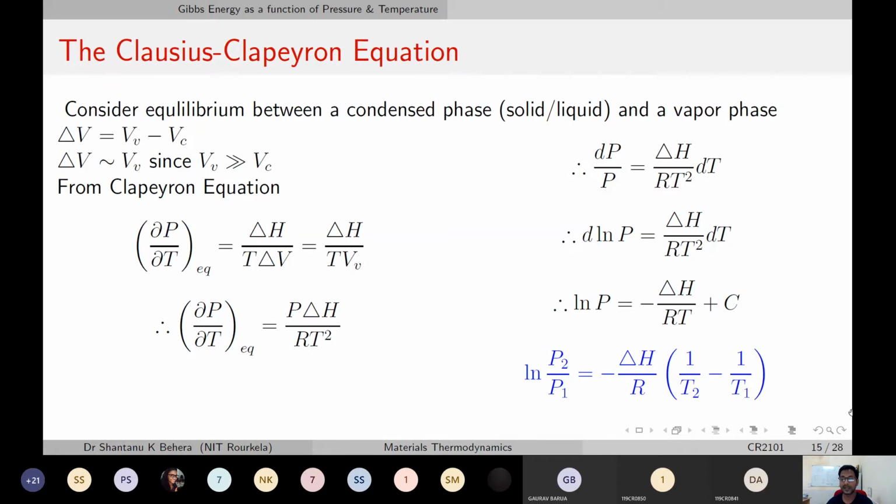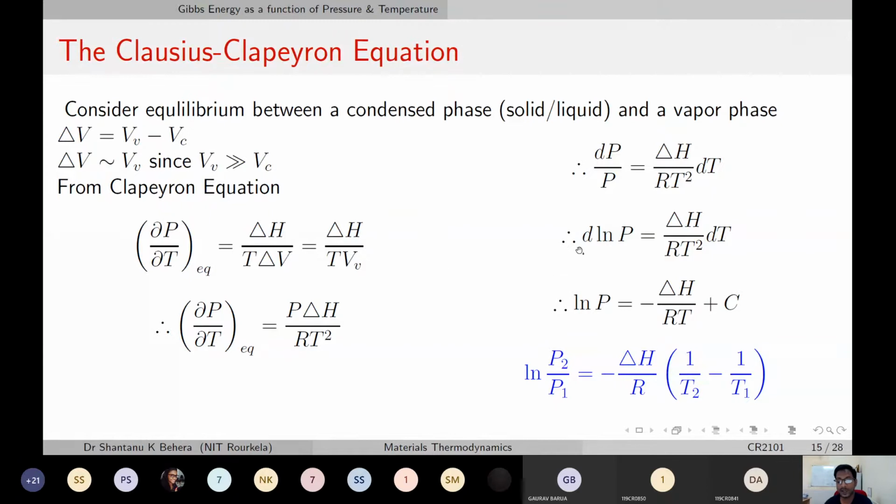And taking forward from the Clapeyron equation, if we talk about the equilibrium between a condensed phase and a vapor phase, then you see that the change in molar volume is not as important, and you can simply convert it to the molar volume of the vapor phase.